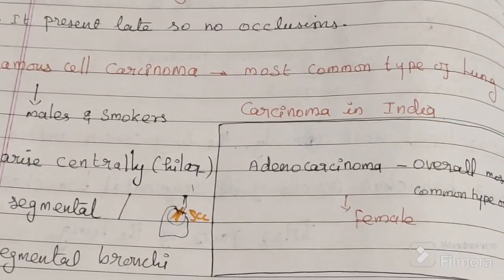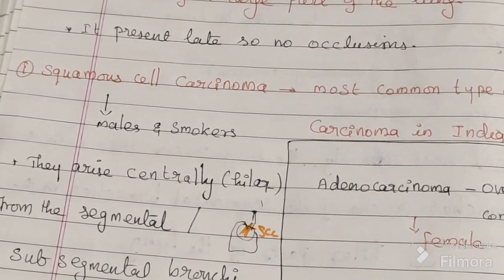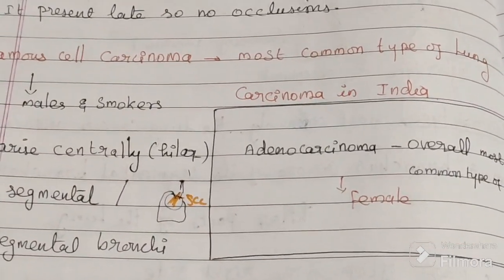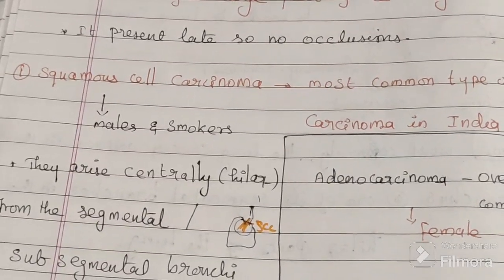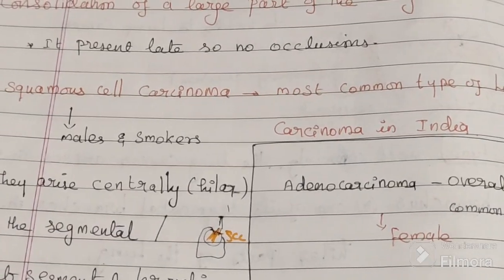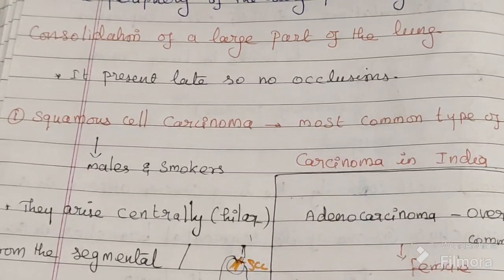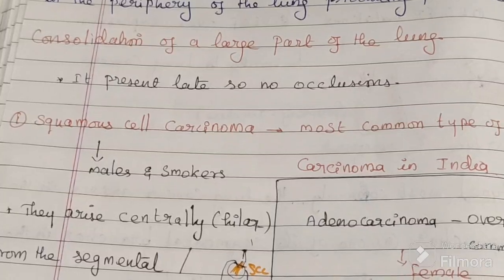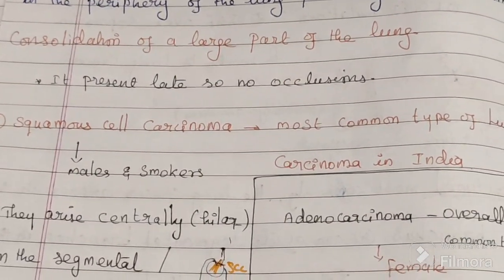Most common in males? Squamous cell carcinoma. In females? Adenocarcinoma. In smokers? Squamous cell carcinoma. In non-smokers? Adenocarcinoma. So squamous cell carcinoma is most common in India, males and smokers, and adenocarcinoma in females and non-smokers. This is the major difference.